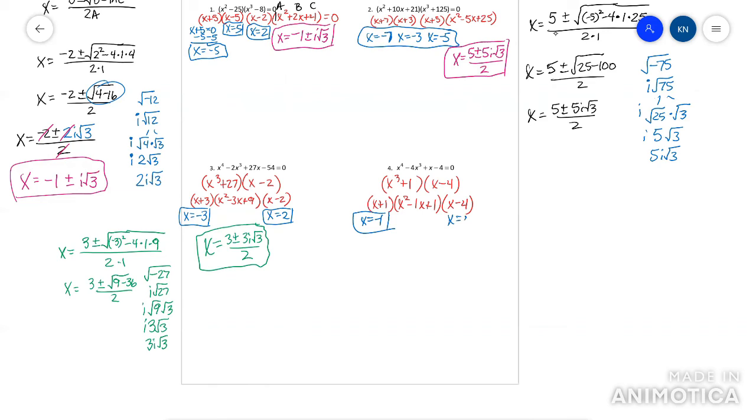This one would be 4. And then this quadratic has to go through the quadratic equation. So it would look like this. Negative b plus or minus the square root of b squared minus 4ac all over 2a. Simplify this root part. It turns into 1 minus 4, which is just negative 3.